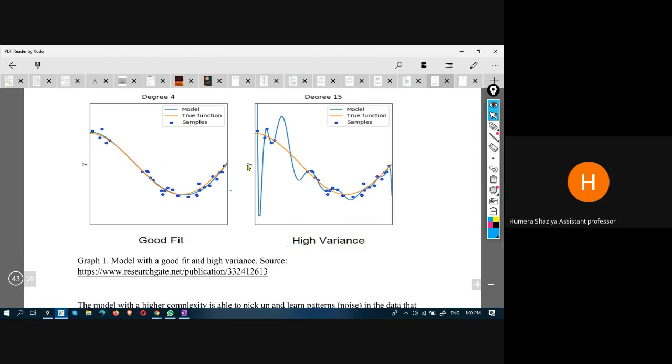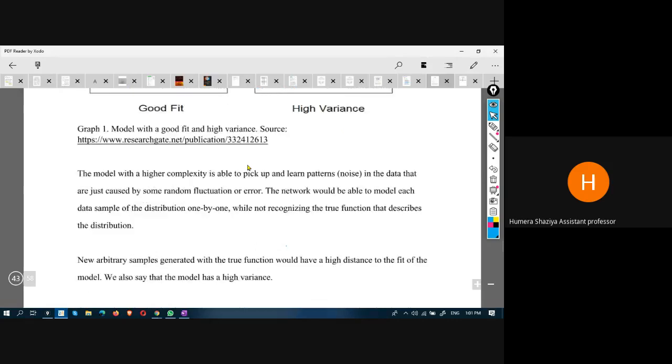Look at this blue line. This blue line is the model. The model is fitting the data sample exactly. Wherever there is a data sample, look here, it is changing its direction and fitting it exactly. So this is for training. For testing, you may not get that much fitted curve. Then the accuracy goes down because of that.